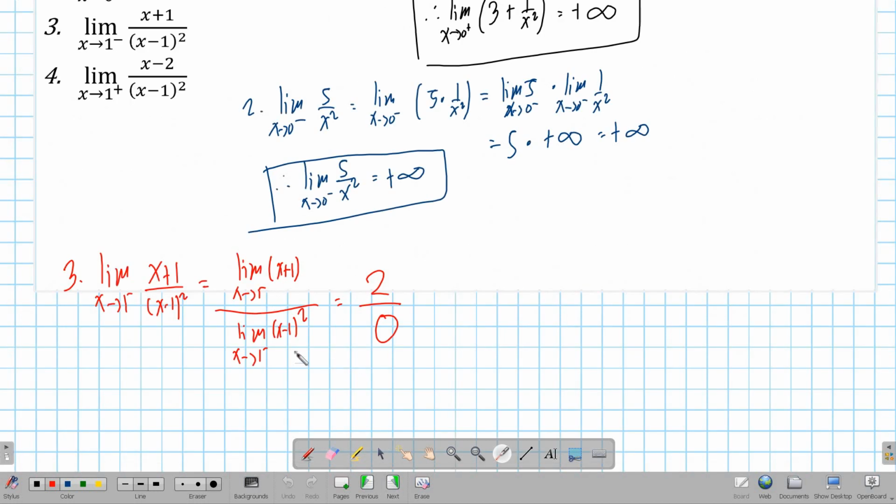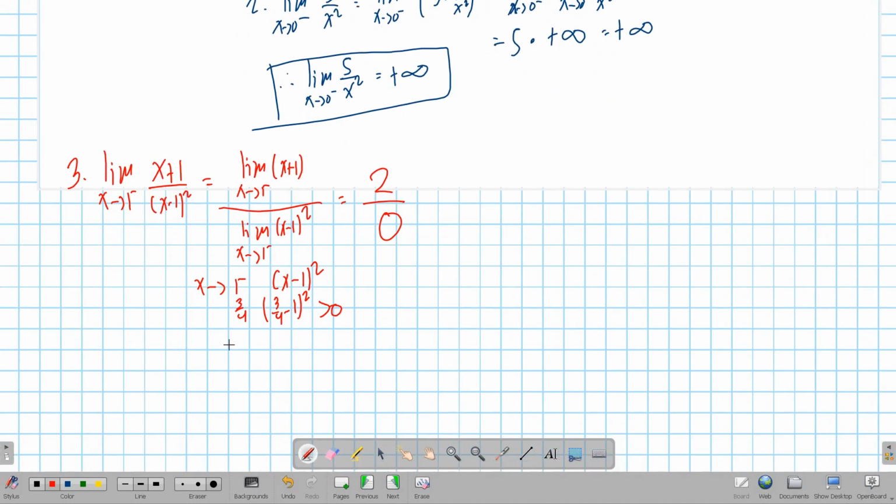Now, let's check what happens to x minus 1 squared as x approaches 1 from the left. So we get values from the left of 1. For example, say 3/4. If we get 3/4 minus 1 squared, this will still be greater than 0, because that will be negative 1/4, but negative 1/4 squared is still greater than 0.